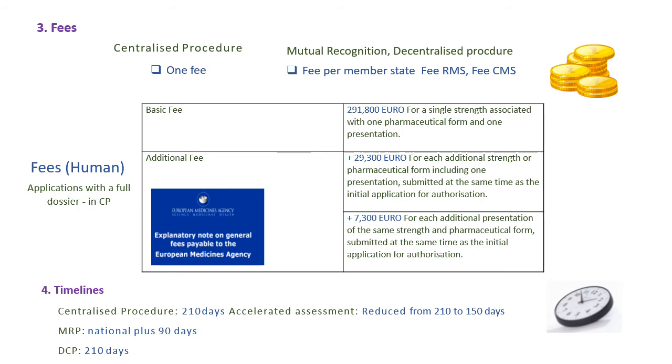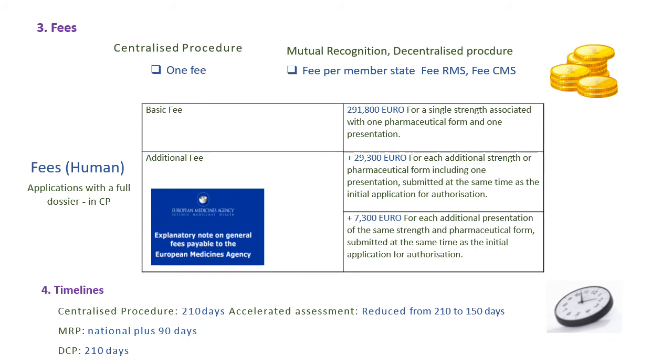The fee for human medicines, where an application gives a full dossier, is 291,800 euros for a single strength associated with one pharmaceutical form in one presentation. There can be additional fees: 29,300 euros for an additional strength or pharmaceutical form, including one presentation, submitted at the same time as the initial application for authorization.